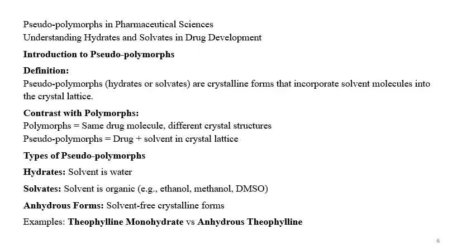That's why these are called solvates. And if that solvent molecule is water, it is commonly called a hydrate. Contrast with the polymorphs. Polymorphs are the same molecule in different crystal structure, but in pseudopolymorphs, drug plus solvent is there in the crystal lattice. Hydrates contain water as the solvent molecule.